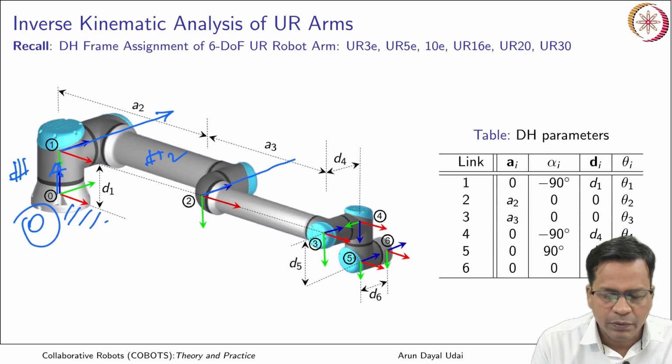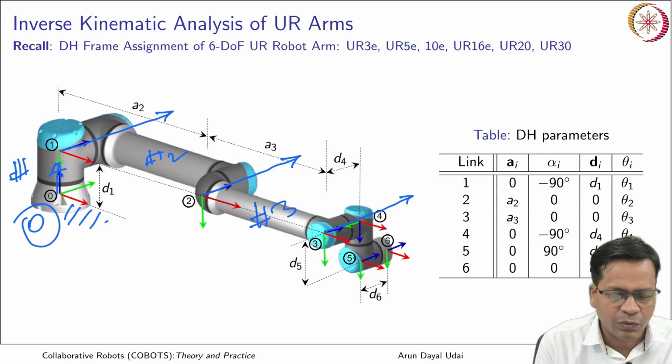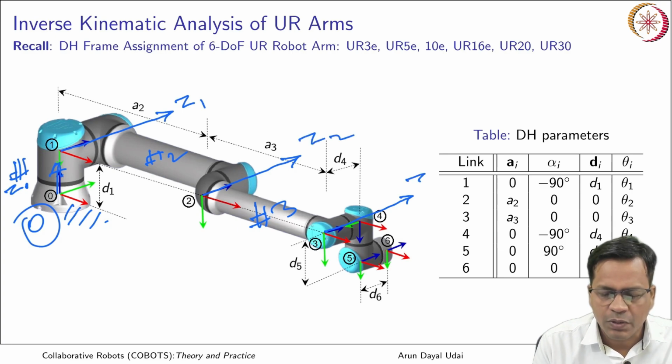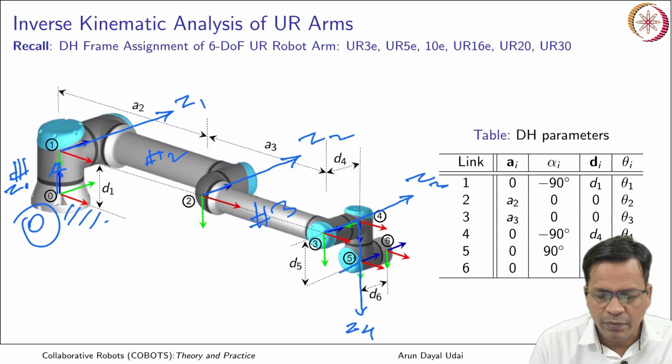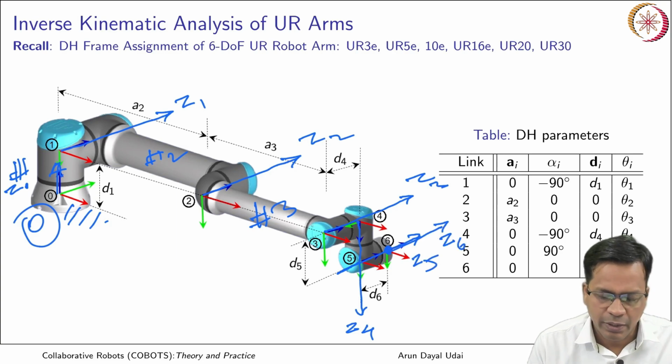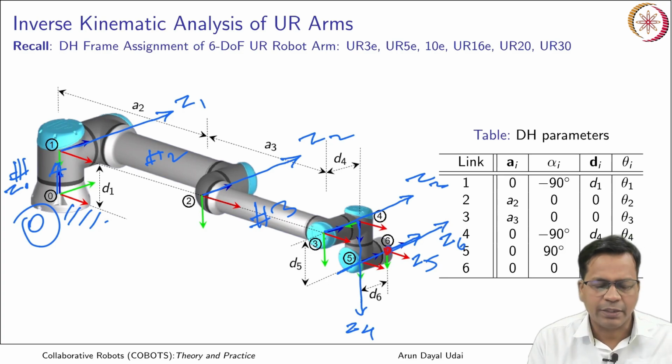Link 2 ends up with frame 2, link 3, frame 3. I am placing just the z axis first. So if this is z0, this is z1, z2, z3, z4, z5, and z6 is at the end, over here. So z5 and z6 are collinear, and your end effector lies here.